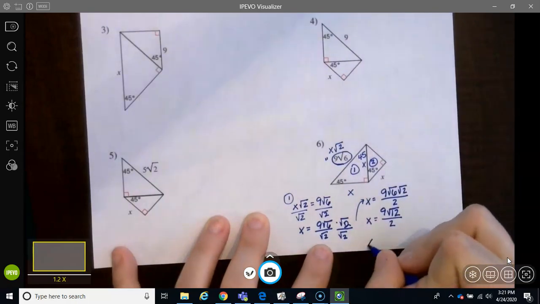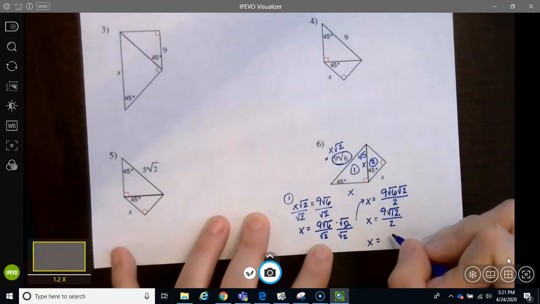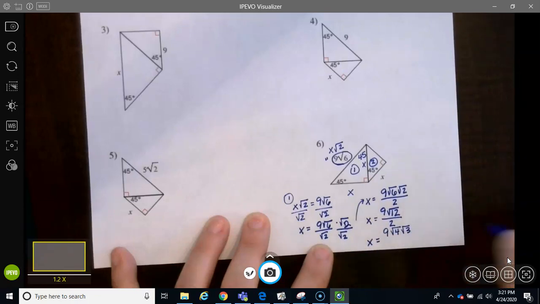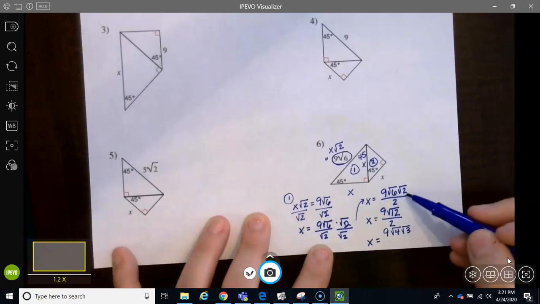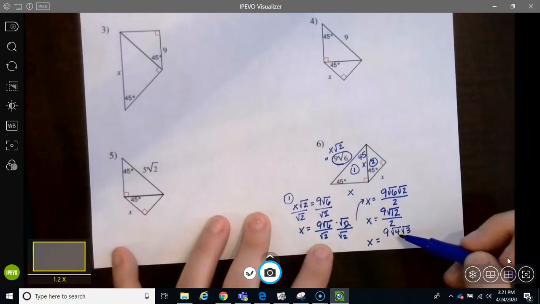I don't like this one for you guys because I end up skipping how to simplify those radicals. It ends up being the same thing as 9 times square root of 4 times square root of 3. Because remember, just like 6 times 2 gets you 12, so does 4 times 3. But that square root of 4 is just a 2 without a square root.